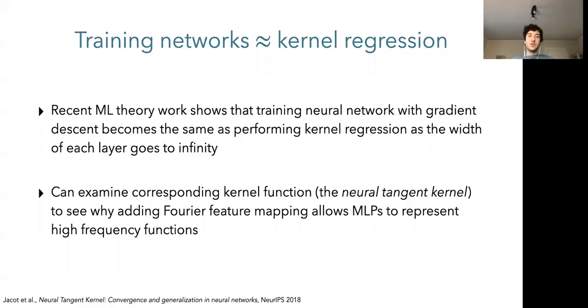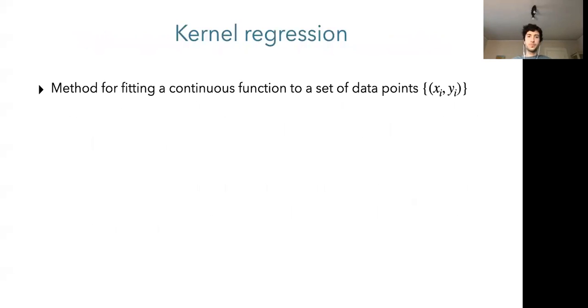We can understand why the Fourier feature mapping helps by looking at some recently proposed connections between deep networks and kernel regression methods. Before I explain this, I'll briefly describe how kernel regression works. Kernel regression is a method for non-parametric function estimation that takes in a set of input-output x, y data points and then estimates a continuous function fitted to those points.